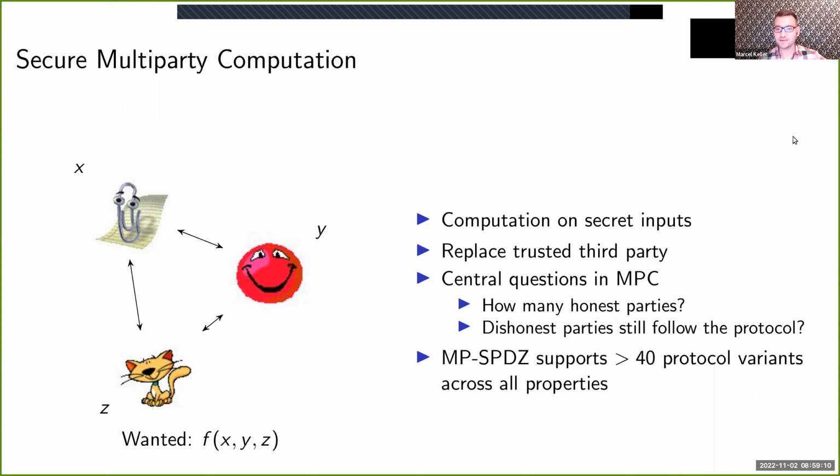And in MPC, we have some central questions that define our protocol. These are around things like how many parties do we have in the first place, and how many parties do we trust, and how many parties do we not trust. So keywords here are, we might have an honest majority, that is like, 2 out of 3 parties that are trusted.